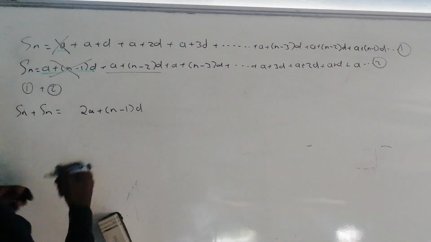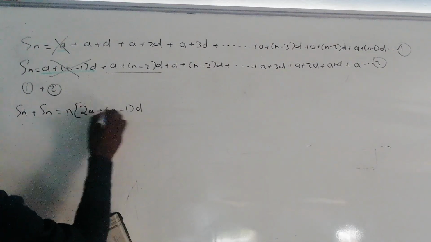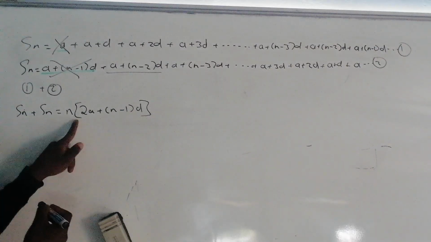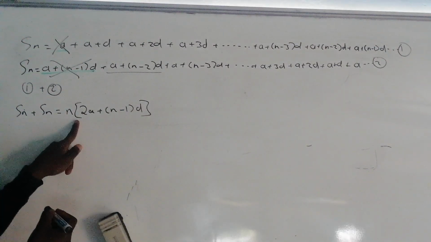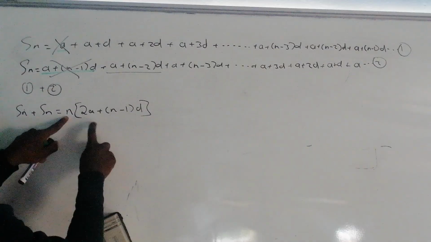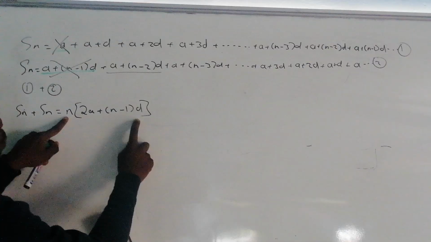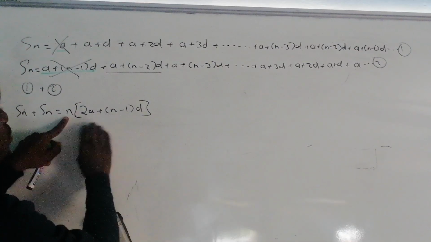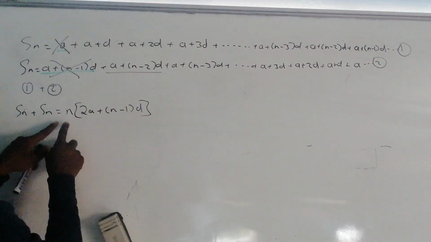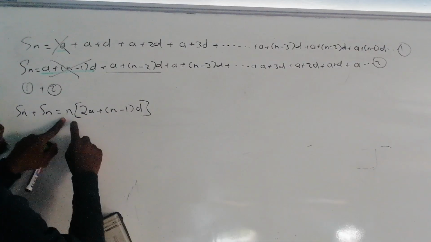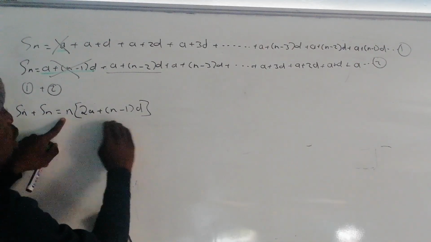Now, what you're going to do now, put an n here. Remember, the bracket tells us about what? Multiplication. It means that we don't know how many 2a plus (n minus 1)d we have here. That's why we're saying n number of whatever we are having of these.